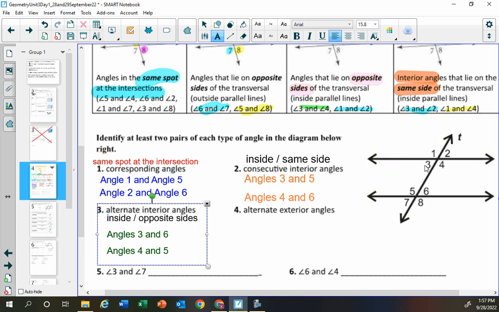Yeah, because, all right, now we should be careful. It should be inside, but besides opposite, because 3 and 4 look like they're on the opposite. We should say inside, but diagonal. Inside, but then crisscross, like opposite side.